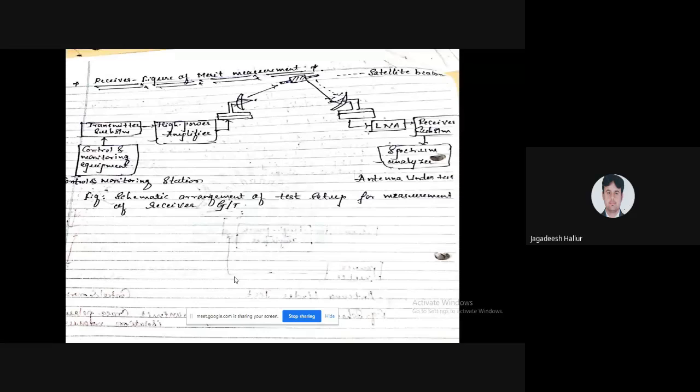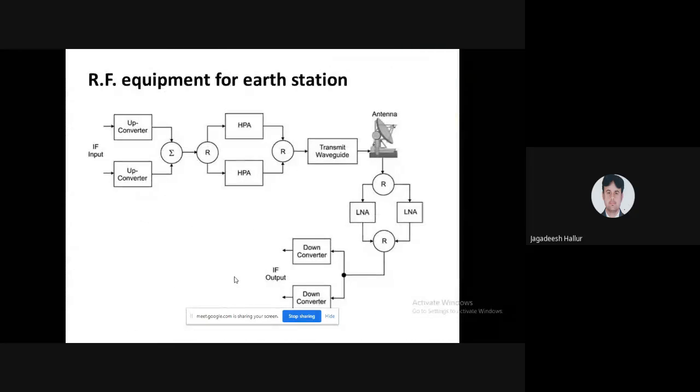The transmitter side is different and the receiver side is different. That is a reverse. Transmitter subsystem, high power amplifier, control and monitoring equipment, low noise amplifier, receiver, and spectrum analyzer. This is the receiver figure of merit, and this is the transmitter figure of merit.